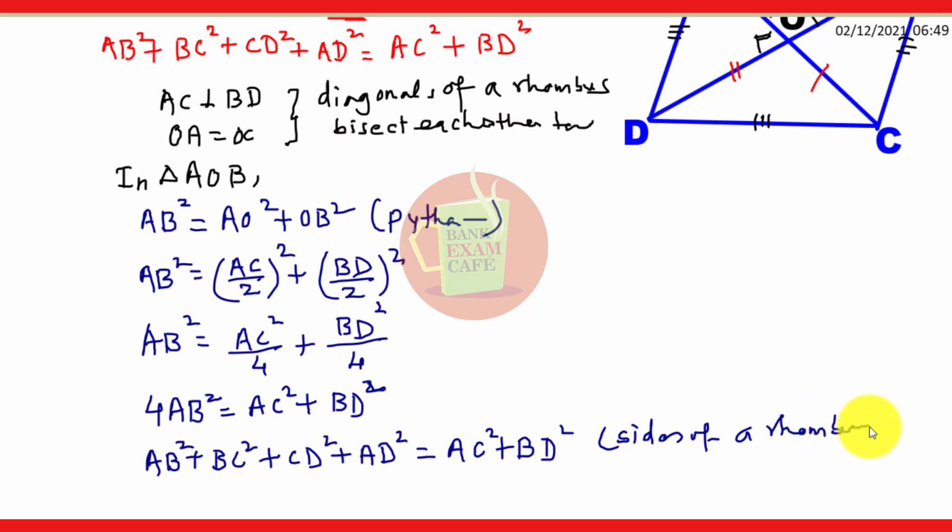Therefore here we have proved that the sum of the squares of the four sides of a rhombus is equal to the sum of the squares of its diagonals, and it is hence proved.